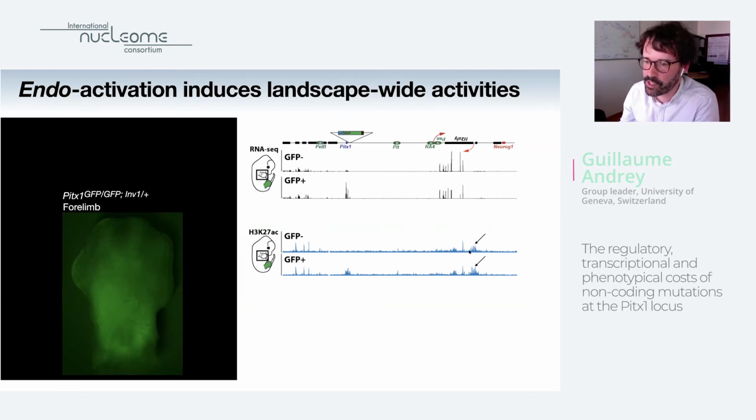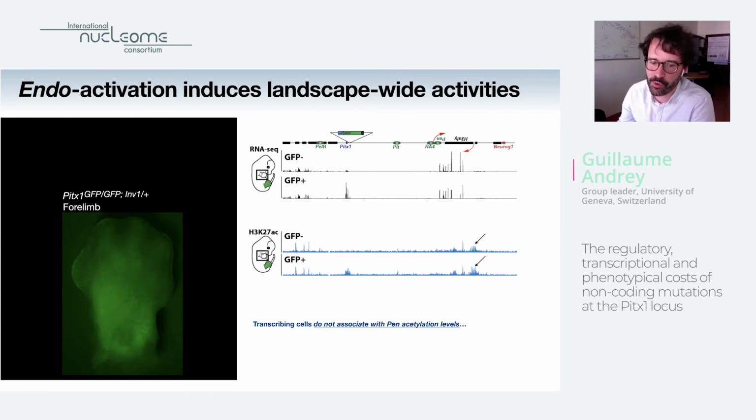So it's interesting that despite having similar regulatory environment, only some cells have managed to ectopically activate Pitx1, but not others. So we could think that it is due to the fact that we have acetylation on the promoter.